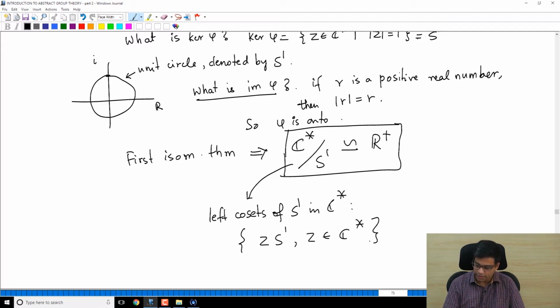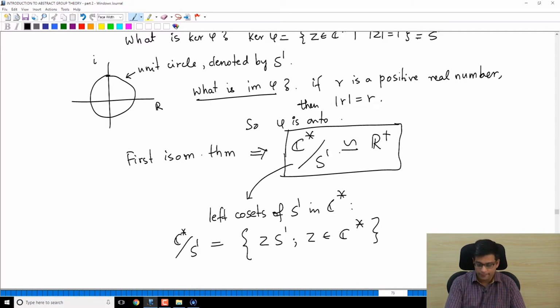That's simply the set, and on this there is a group structure. Remember, of course, that C star is an abelian group, so every subgroup is normal. And in any case, S1 is the kernel of a group homomorphism, so it's normal.